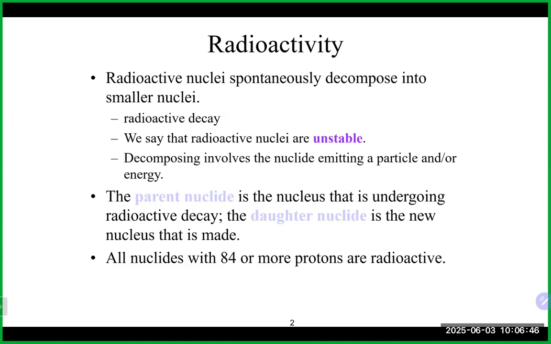All nuclides after 84 are radioactive. That brings you to the bottom two rows of the periodic table, where we have a lot of those radioactive elements, also a lot of those man-made elements, which are radioactive because that's how they make them.